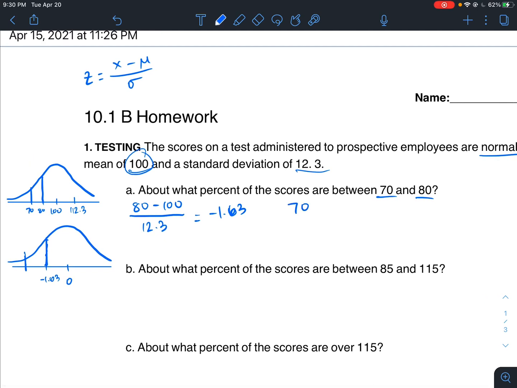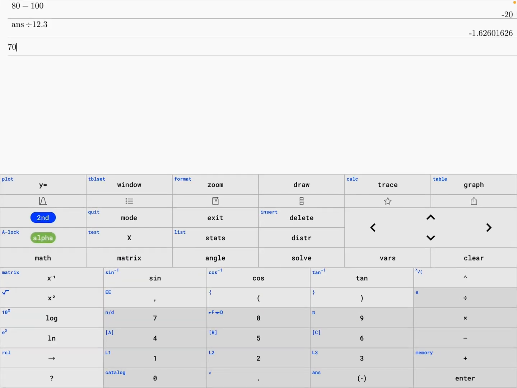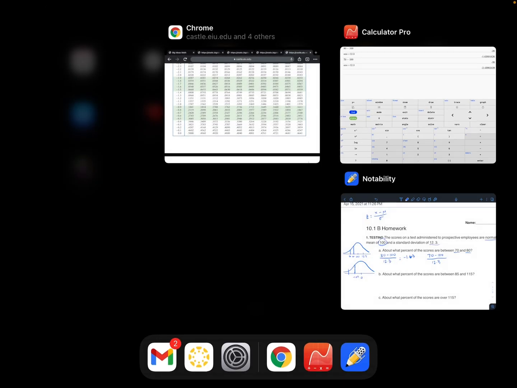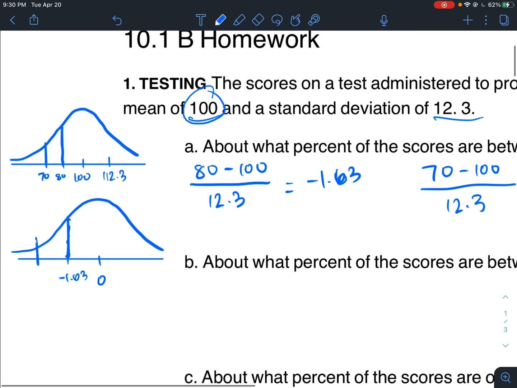So I do 70 minus 100, so the data value minus the mean, divided by the standard deviation. I do 70, subtract 100, divide that by 12.3, and I get negative 2.44. So I know that 70 is negative 2.44 standard deviations away from the mean, which is 0.